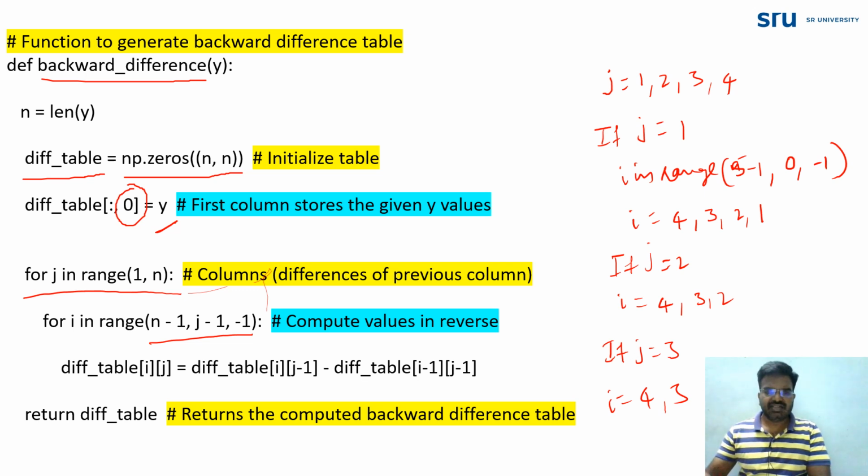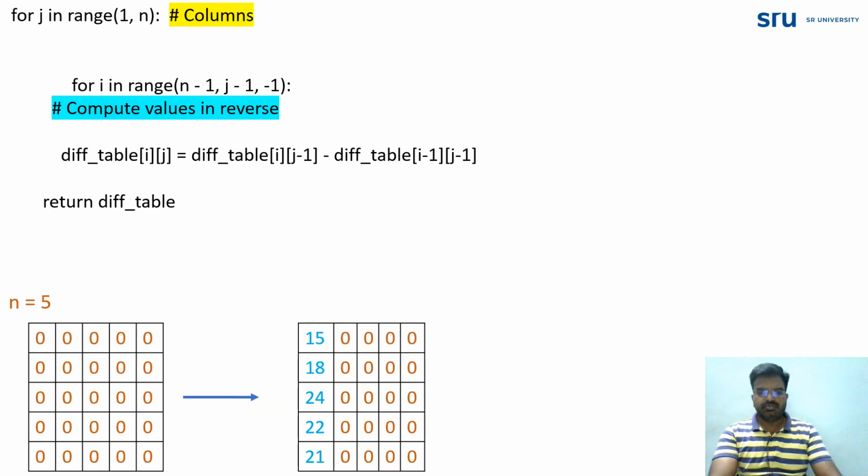To find the differences, we have written one simple formula in this for loop. By using this formula, we can find the difference in every row. Now you can observe how this part of the code works. First, we are generating a table with 5 rows and 5 columns containing all zeros. Next step, we are replacing the first column of the table with y values.